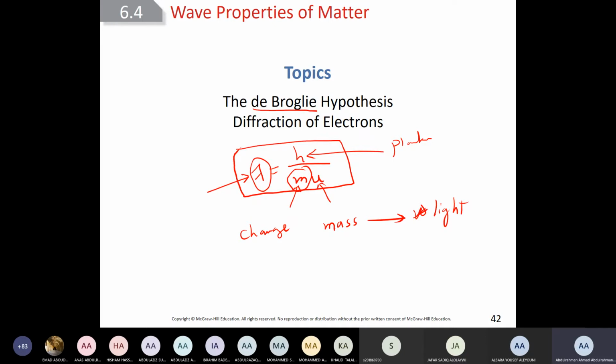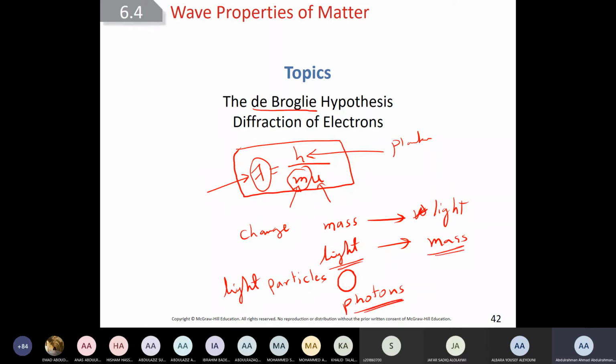Or change light to mass. Of course, what are light particles called? It is called photons. When you change the light into mass, you will get photons from the waves.